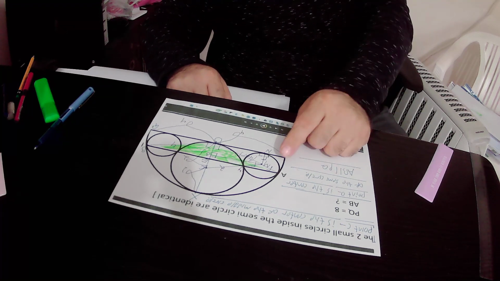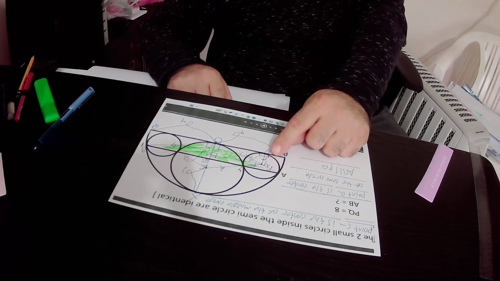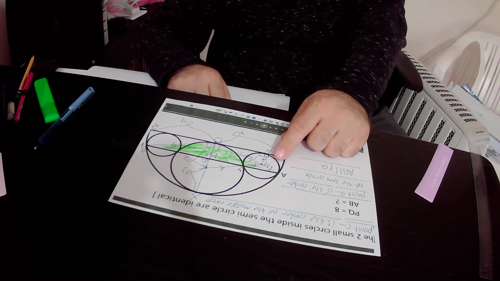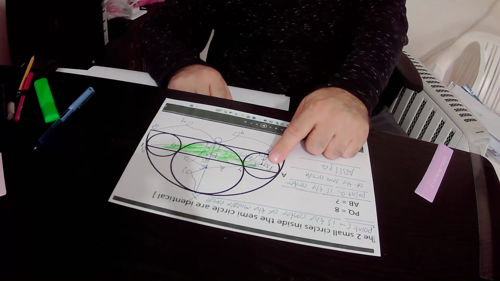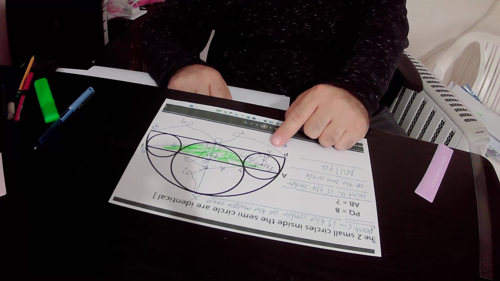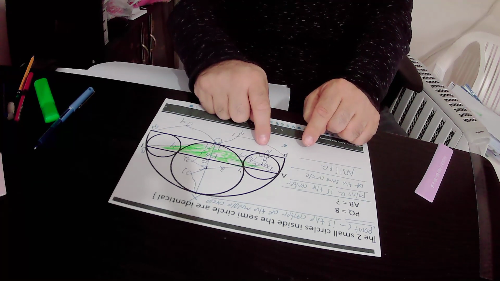Then from the center of this small circle, we actually joined points M and N by a straight line. MN is the radius of this small circle, and N is the point of tangency of tangent PQ with this small circle.